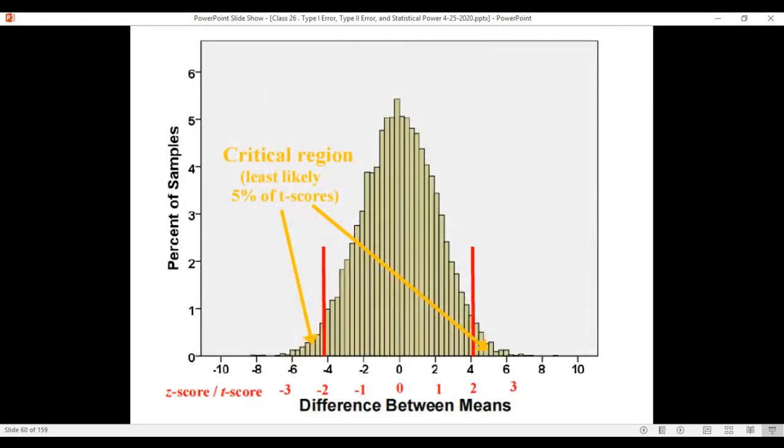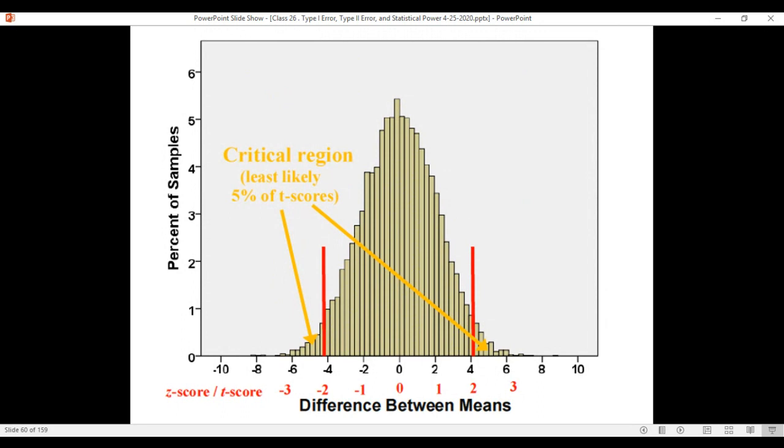Now, remember that alpha represents two things. First, it's the probability of making a type 1 error. And second, it is the area of the critical region. So when the researcher chooses alpha equals 0.01, the size of the critical region also changes.